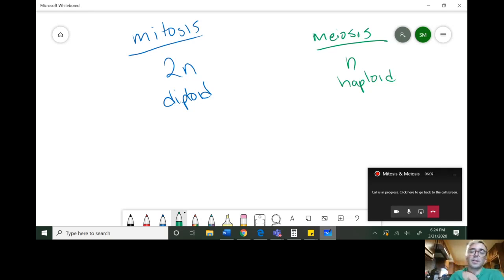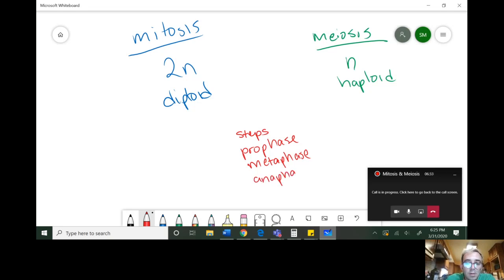They both have their prophase, metaphase, anaphase, telophase steps. These are our biggest steps that we really care about.